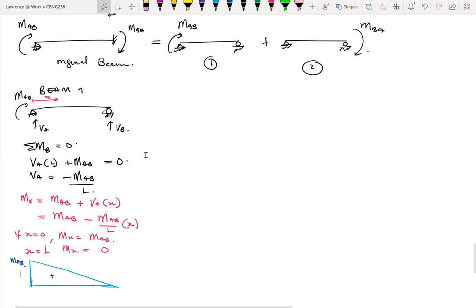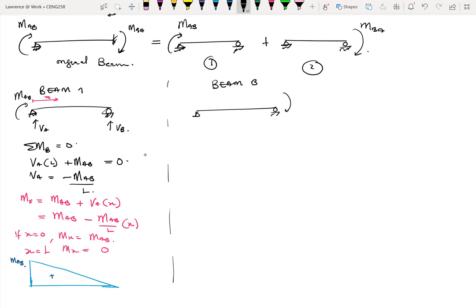Now I can do something similar for beam B. So for beam B, I come again, draw the entire thing, but this time around I'm using the second beam, so this is my MBA. I want to find the VA here and then the VB also.